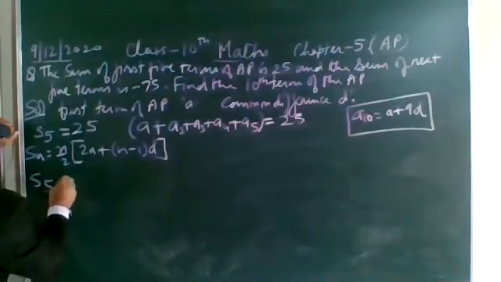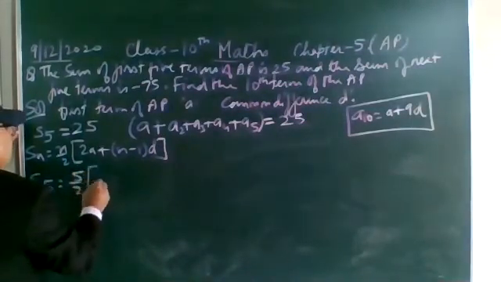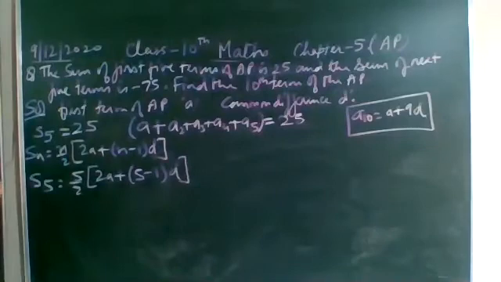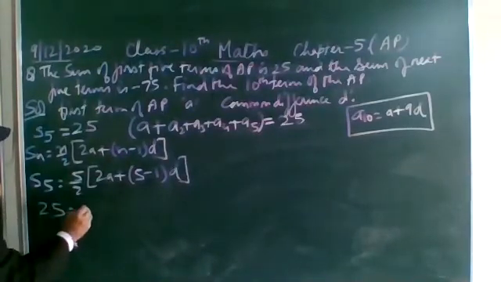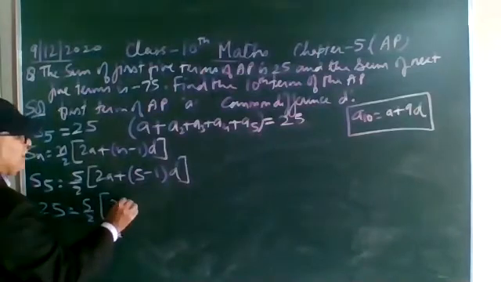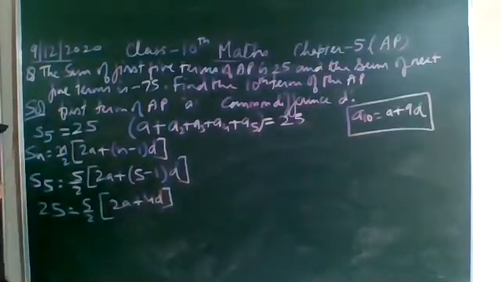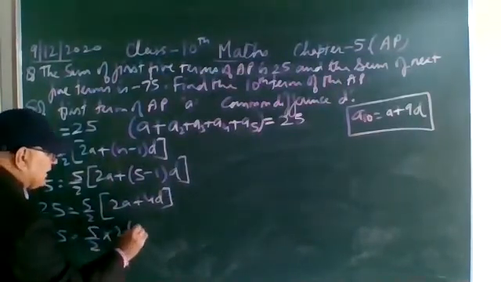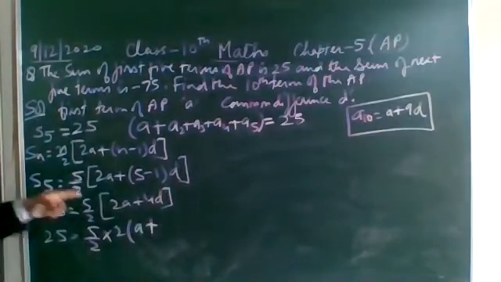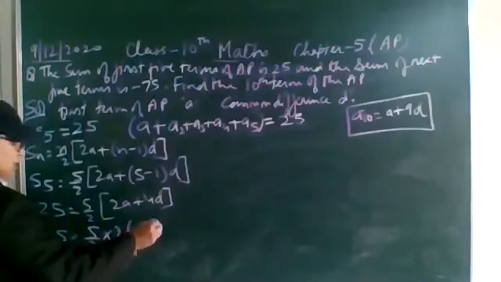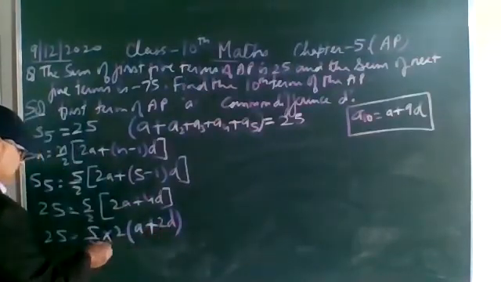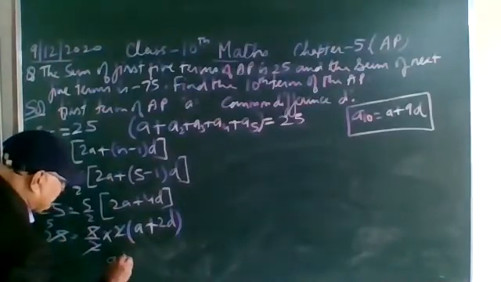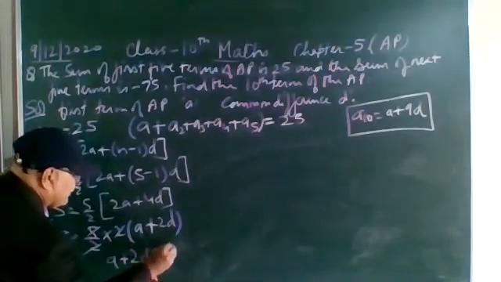So S5 is 5/2 (2a + (5 - 1)d). S5 is 25. So 5/2 (2a + 4d). Take 2 common, then a + 2d. The 5 and 25 cancel, so 5. So a + 2d = 5. First equation.